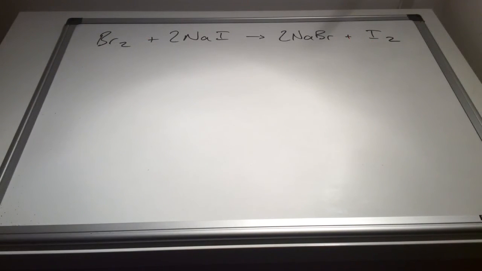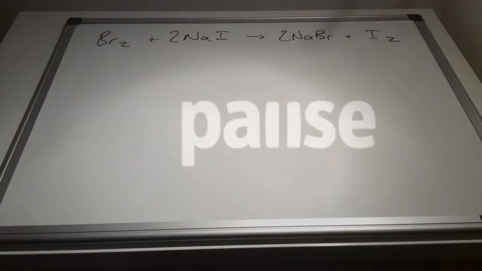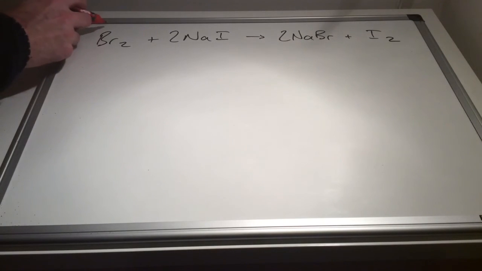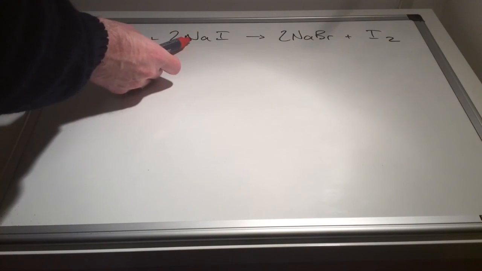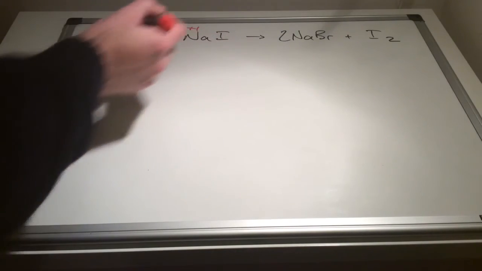One for you to try. We'll pause the video and then play, and I'll go through the answers. So I'm going to do exactly the same as before. I'm going to go through each substance in the equation and work out the oxidation numbers. So bromine is an element, so therefore it has an oxidation number of 0. Sodium is a group 1 element, but it's in a compound, so it's +1, that's the rule.